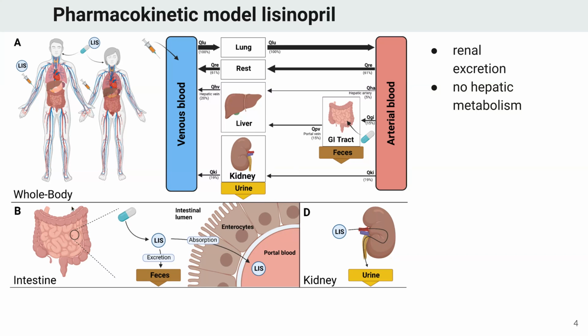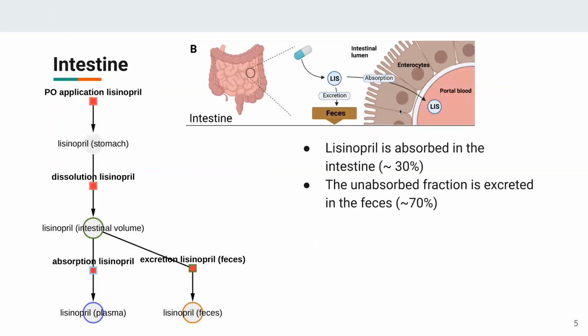And so the tissue submodels which are of importance are, on the one hand, the kidney, which is excreting the lisinopril, and on the other hand, this part which consists of absorption and of excretion into the feces. So important key points: basically, the removal is renal excretion, and we have no hepatic metabolism. So how was the intestine modeled?